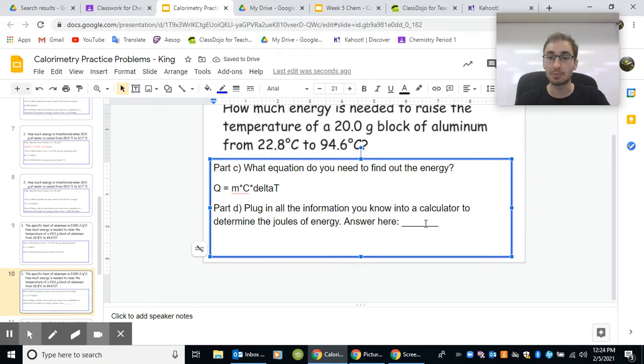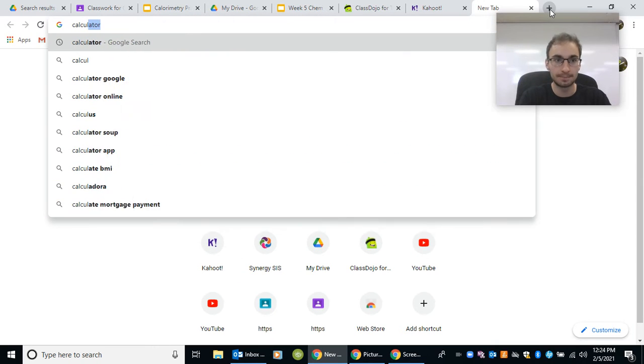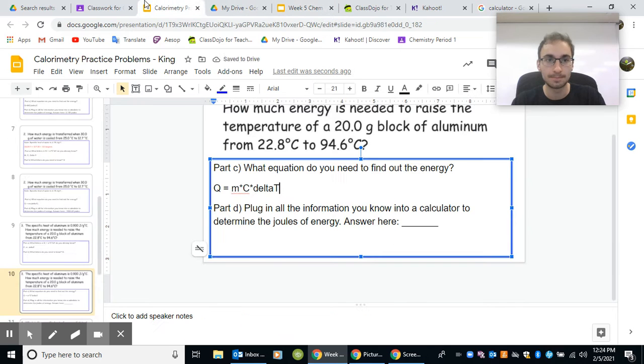Once you plug in all the info, just use the Google calculator. Delta T will require an extra calculation. To find delta T, do 94.6 minus 22.8. You should get 71.8 degrees.